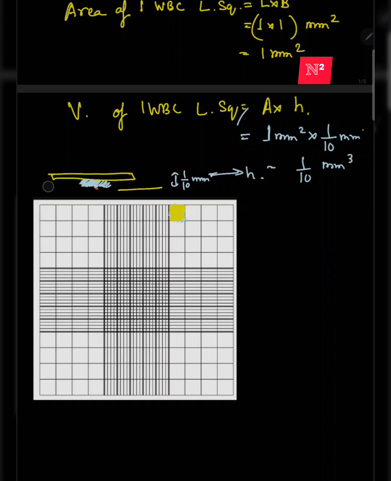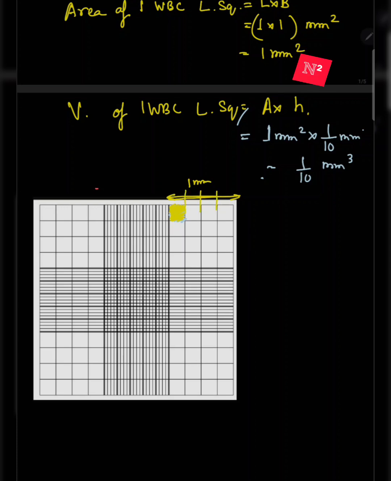Now, I told you the length of this WBC large square is 1 millimeter. Now look closely. This length is again divided into 4 equal parts.